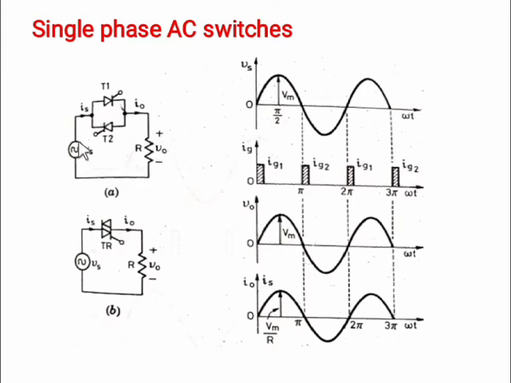So we get the complete cycle, positive half cycle from T1 and negative half cycle from T2. This is the output current, flowing continuously through T1 and T2.